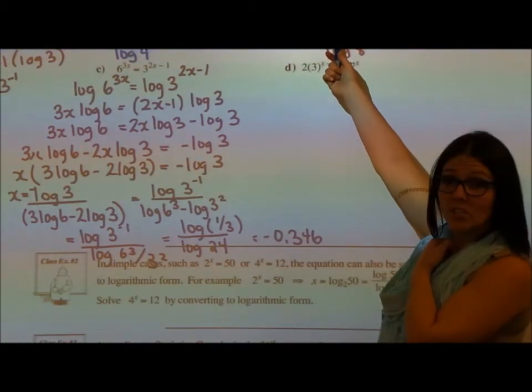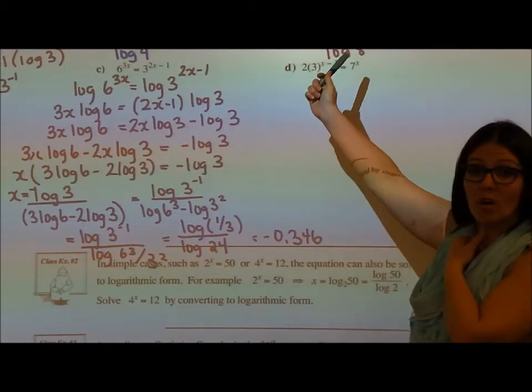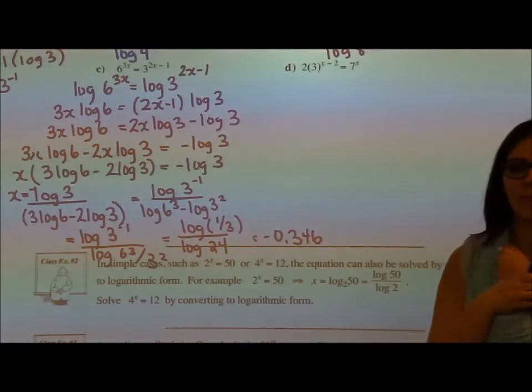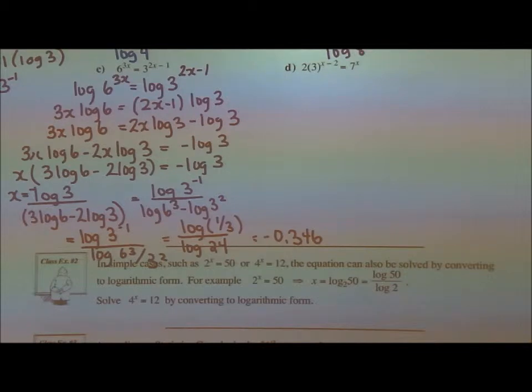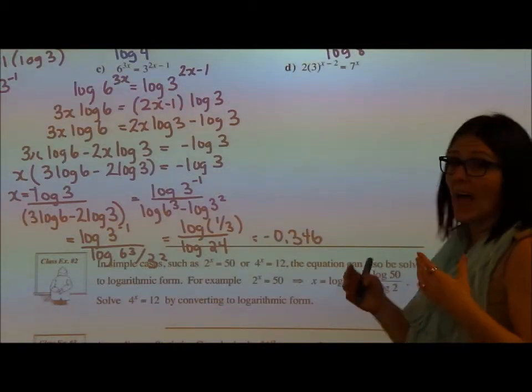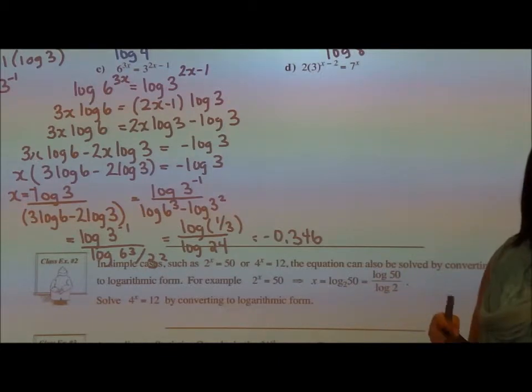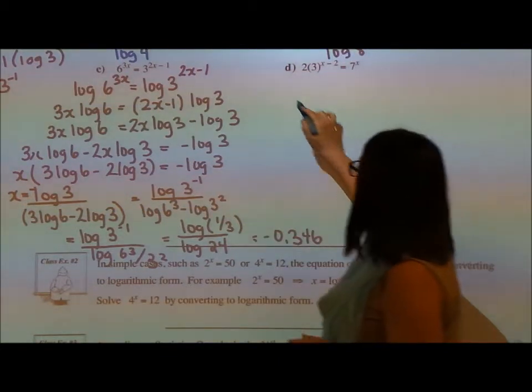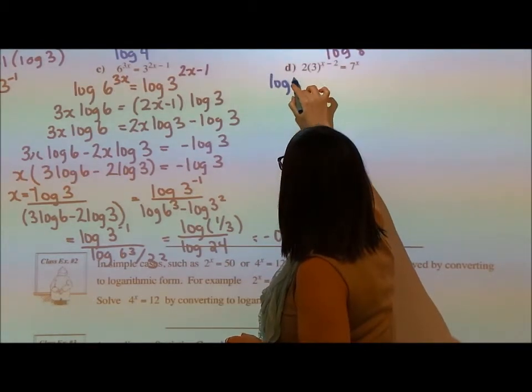And unlike the question above it, where I subtracted 4 on each side, I can't divide by 2 on each side. It's not going to really help. So if I don't have a simple exponential equation, then I start off by taking the log of each side.